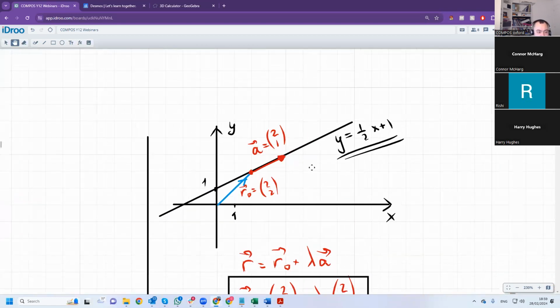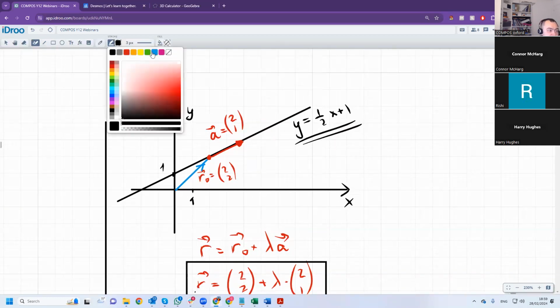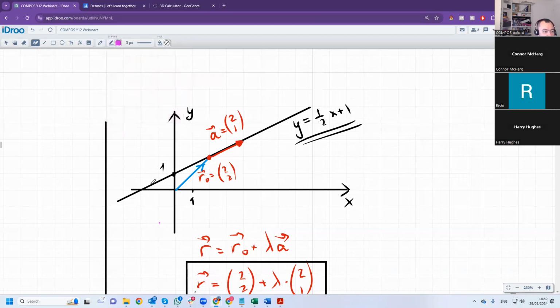You can take two different lines. You can say, okay, as R0, I can use any point on the line. I can use, for example, this one, (0, 1). So R0 is (0, 1). And as the vector parallel, I can use this one, (minus 4, minus 2).